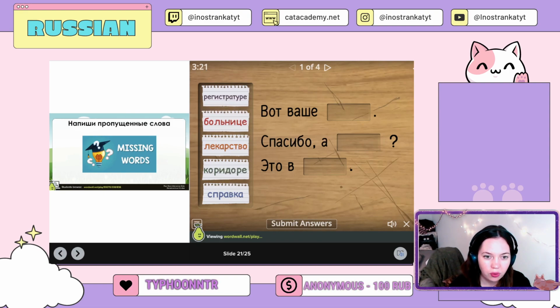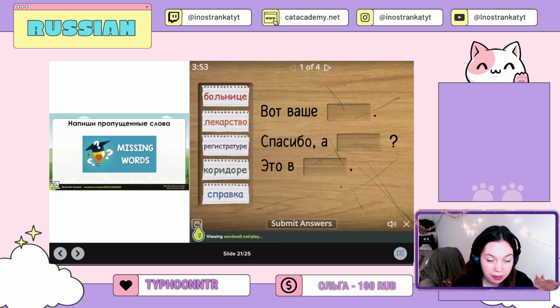Next one. Вот ваше регистратуре. We know that регистратура is a reception area and it's feminine gender, so no. And I can't have my own reception area, so no. Okay, next one. Больницы. Вот ваша больница.